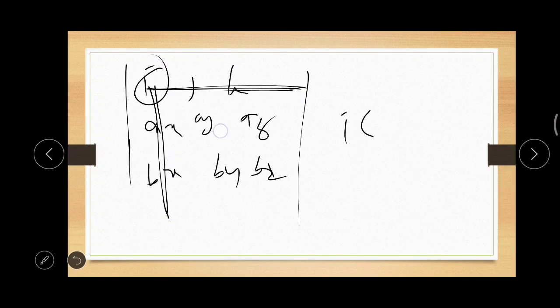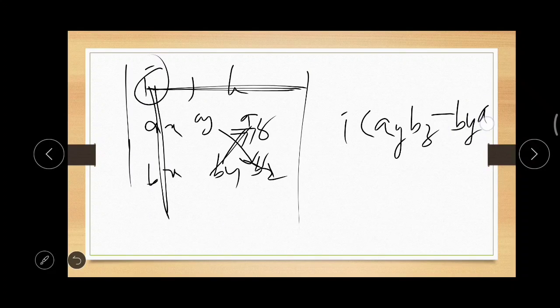Now you have Ay Bz and By Az. So Ay Bz minus, going from this to this minus this to this, By Az.